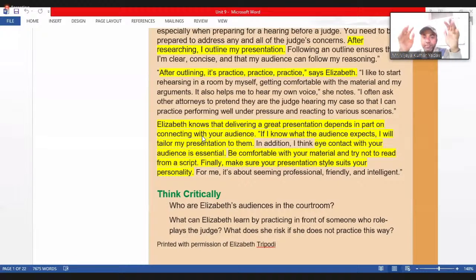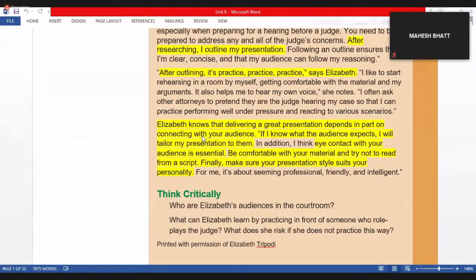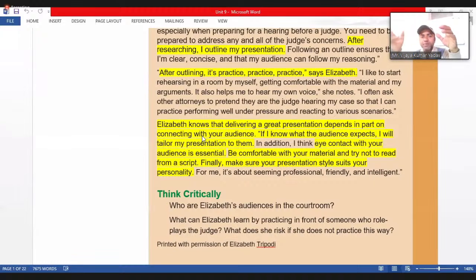These are the fundamentals of effective presentation, the basic elements. There are other points also, but these are the main. There is space distancing also. So let's discuss. The first point is articulation.